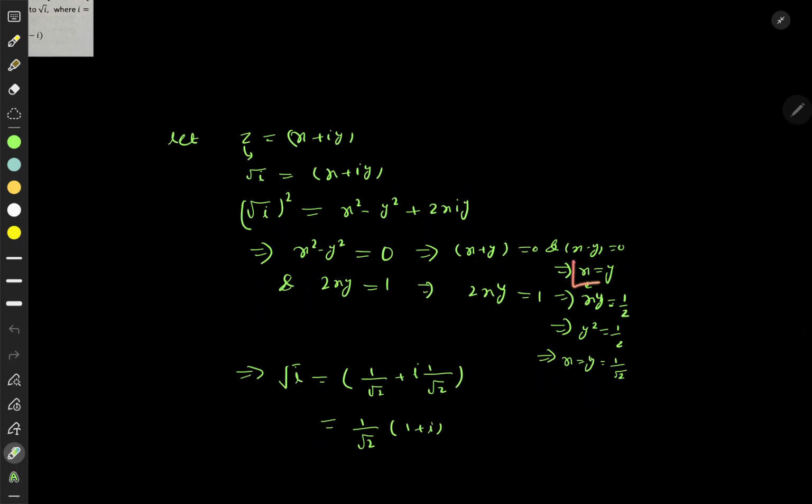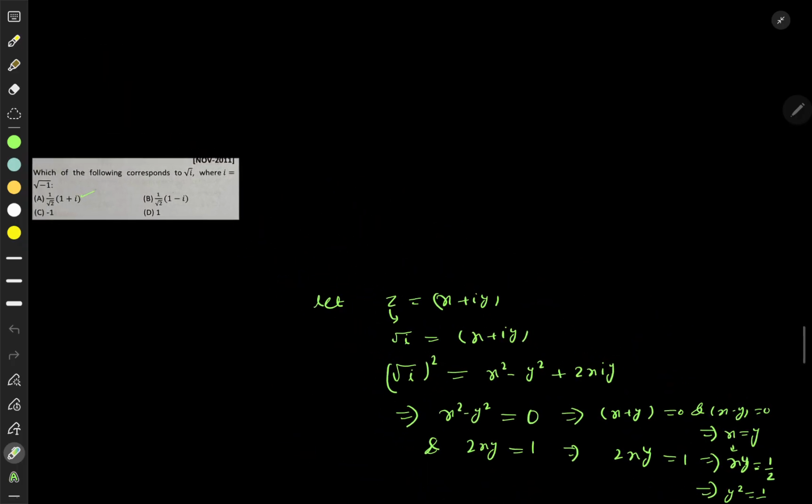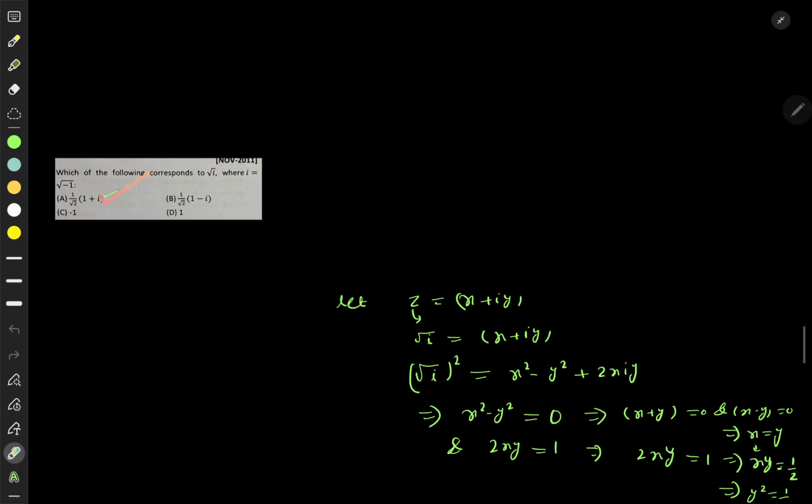From here you got x equal to y and xy equal to 1 by 2. Put x equal to y here, and you are getting y equal to 1 upon root 2, which is equal to x. So under root iota will be 1 upon root 2 plus iota 1 upon root 2. So option A will be correct.